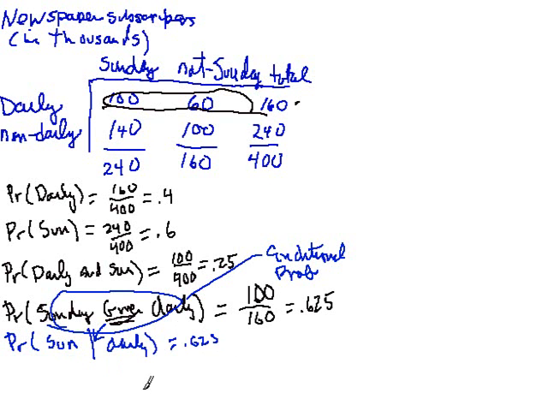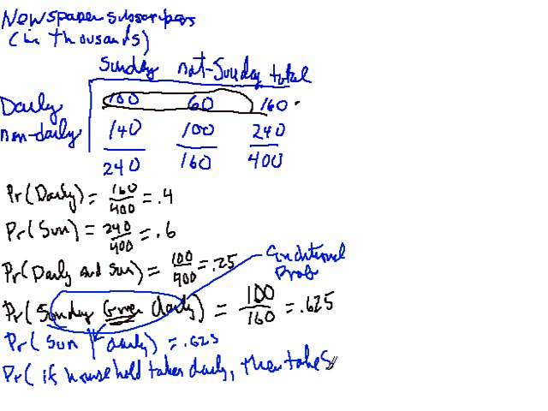Now, we can actually state this in English in several different ways, and it's useful to be aware of these. For example, the question could read: what's the probability that if a household takes the daily edition, then they take the Sunday edition?